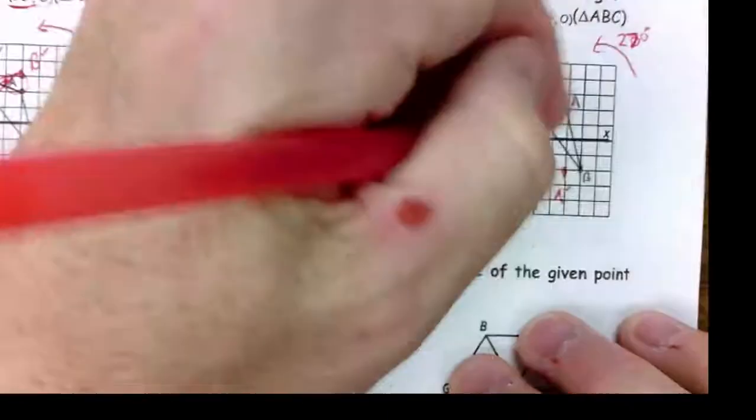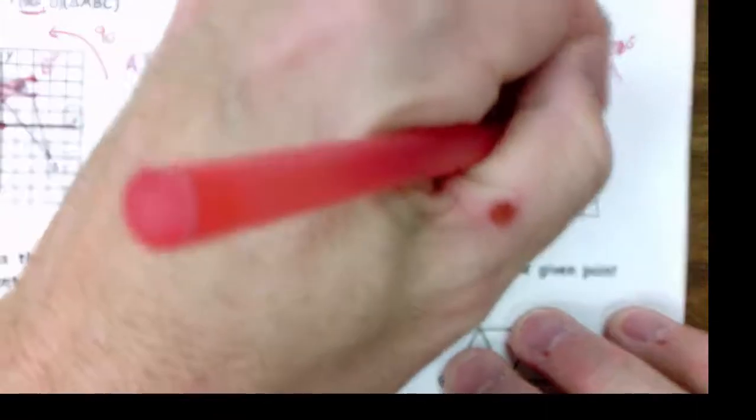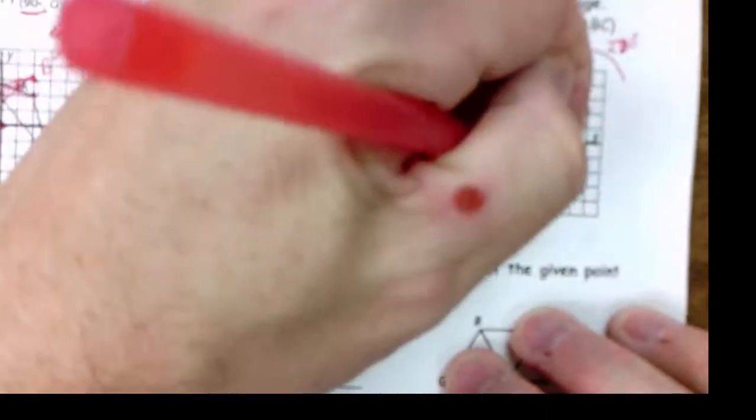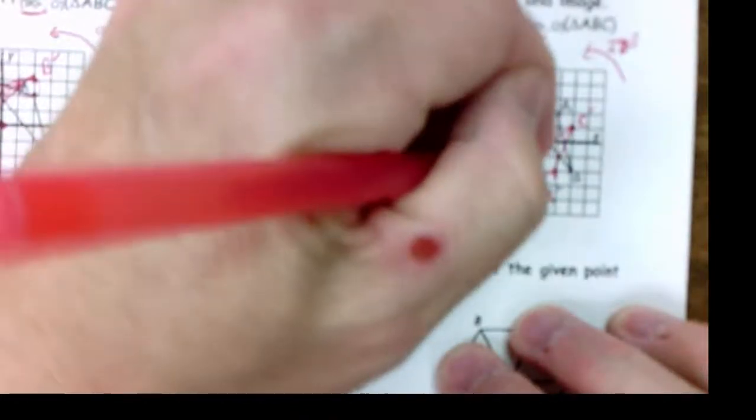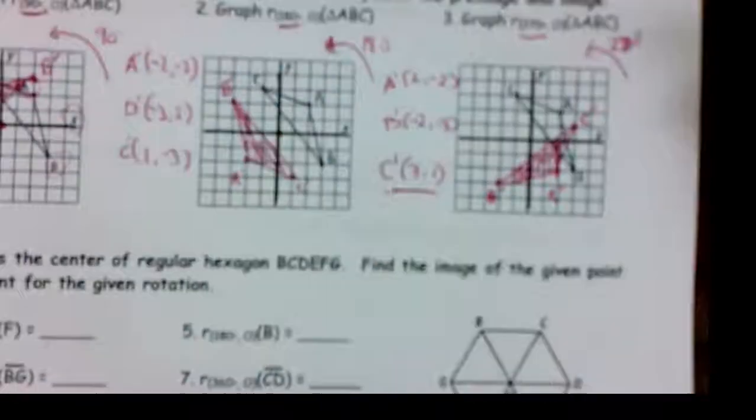And C prime is at 3, 1, right there. Let's reconnect them and shade it in. And I am done with that rotation, 270 degrees. Note that 270 degrees that way is the same as 90 degrees that way.